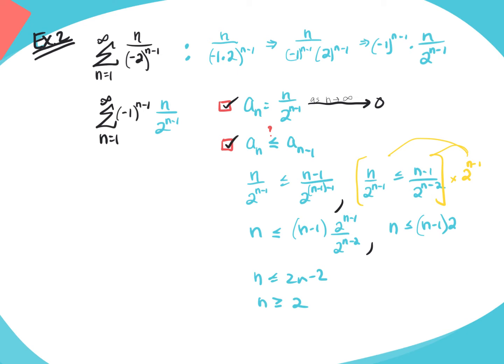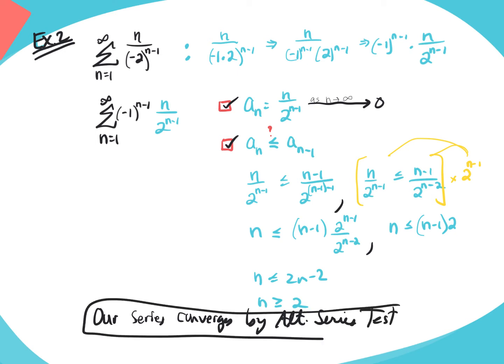So we can check this box, and now we can conclude that our series converges by the alternating series test. Remember that this may not have been true from term 1 to term 2, but that's okay. Term 1 is one finite term. For the rest of the infinite terms being added together, the conditions are met, and we're good.